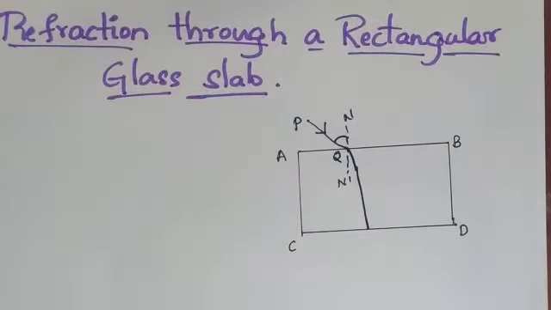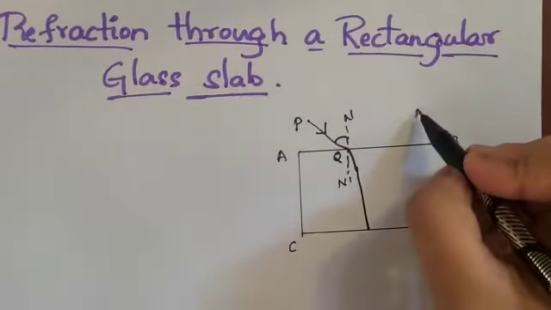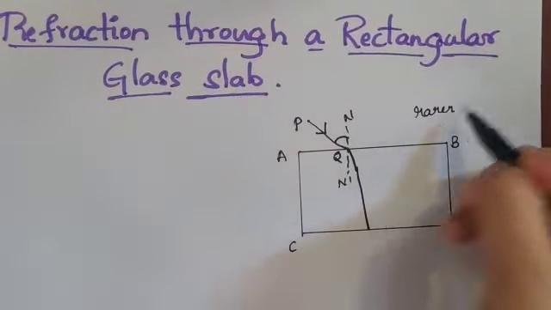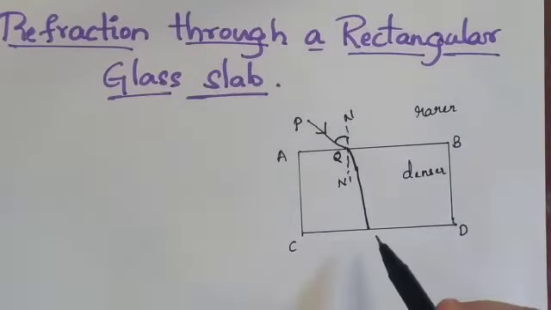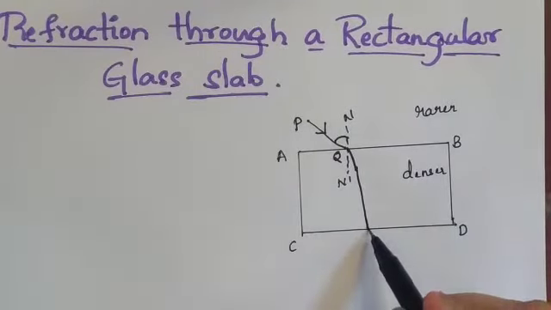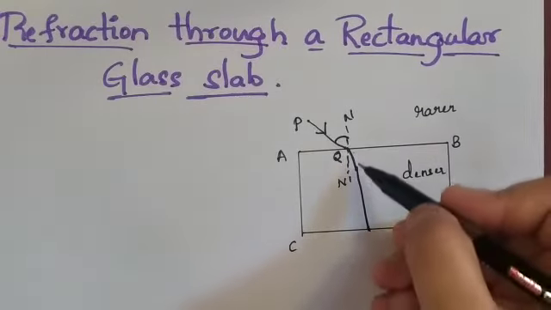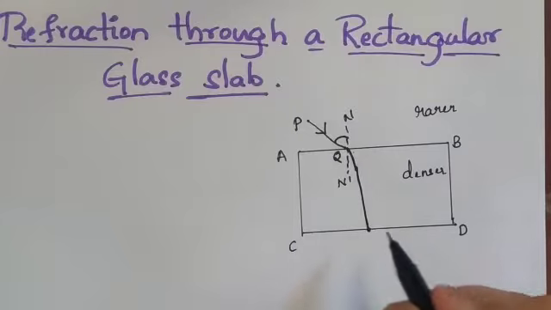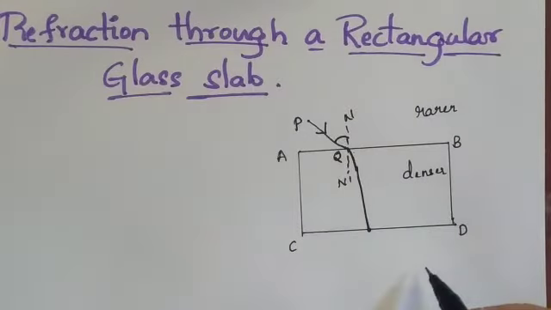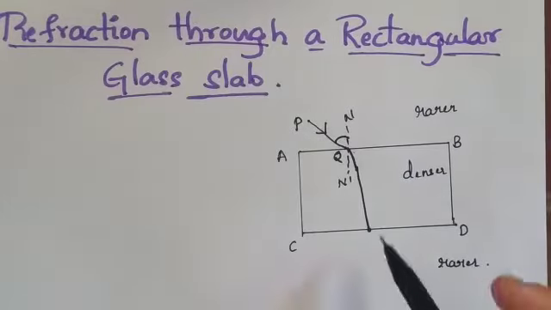Now you can see here, this is rarer medium, this is denser medium, and the light ray has traveled through the denser medium. Now when it comes to this point of incidence, it is transferring from denser medium to the rarer medium, isn't it?